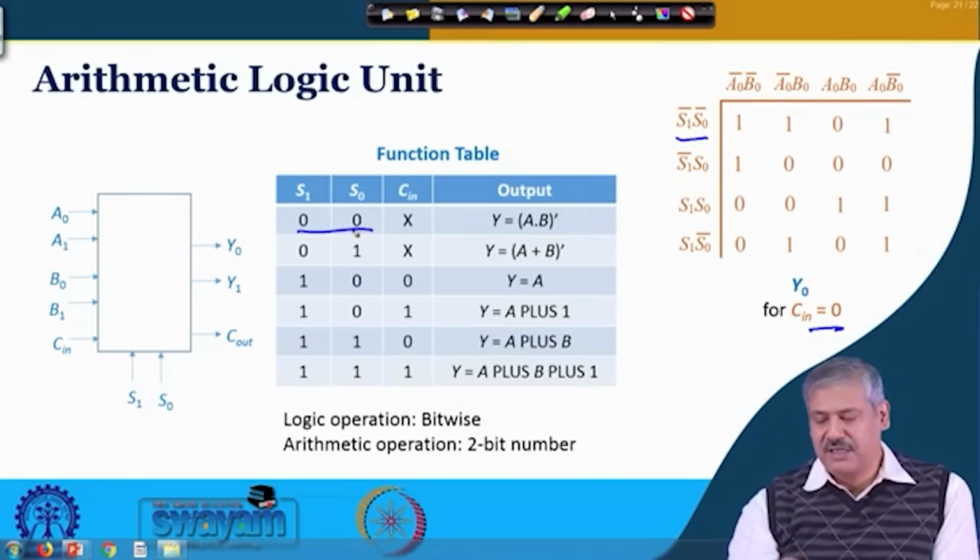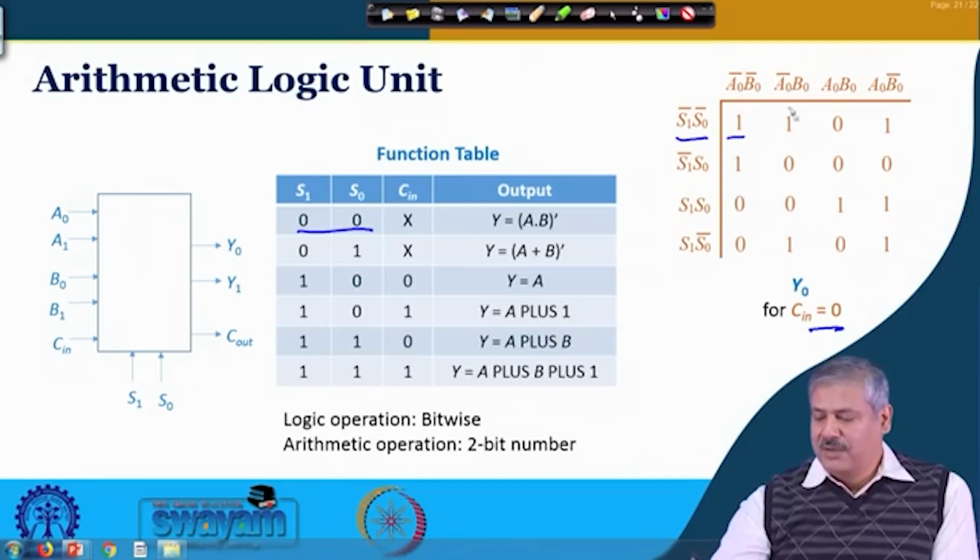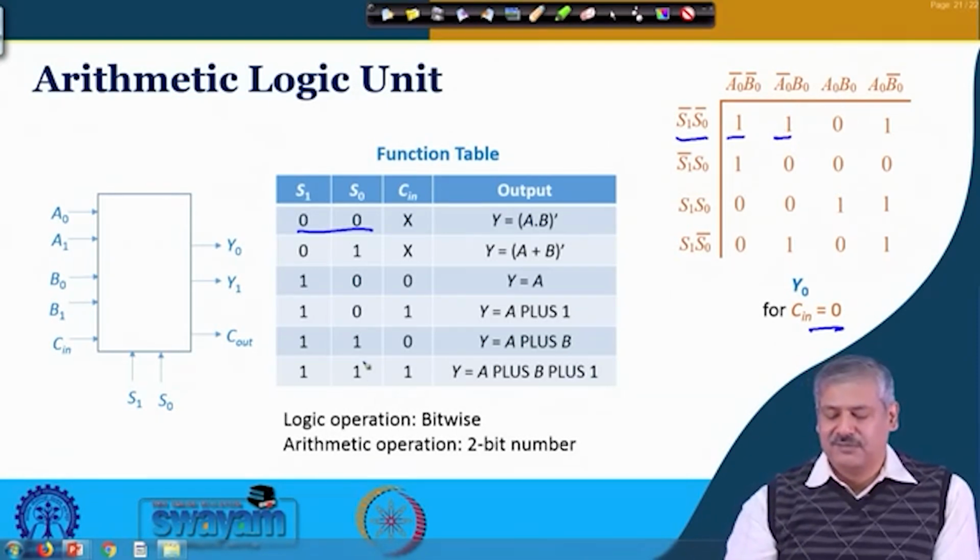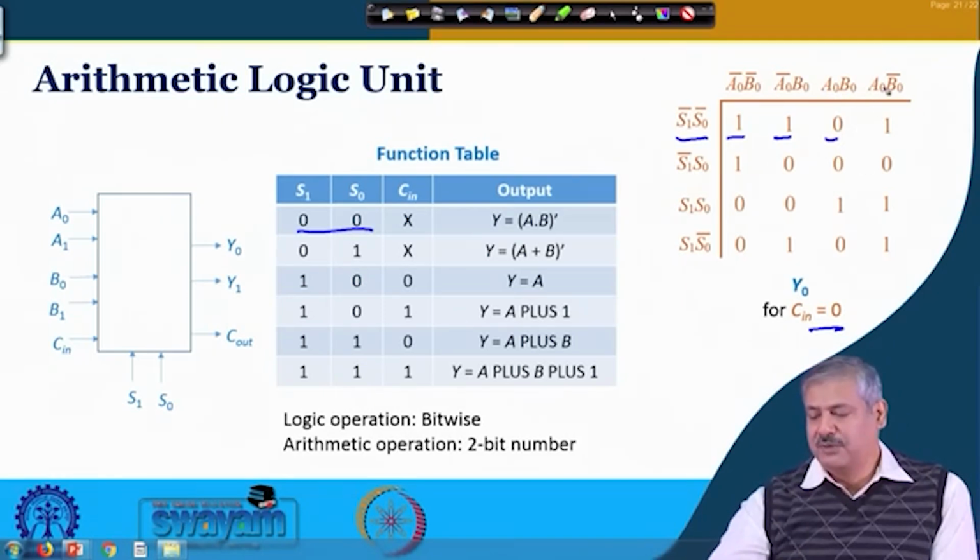This is the line we are talking about. So, this is 1. When one of them is 0, A0 is 0 and B0 is 1, NAND output means this is 1. When both of them are 1, NAND means this time it is 0. When A0 is 1 and B0 is 0, this is 1. So, this is the way you can complete this one, and this is the corresponding truth table.